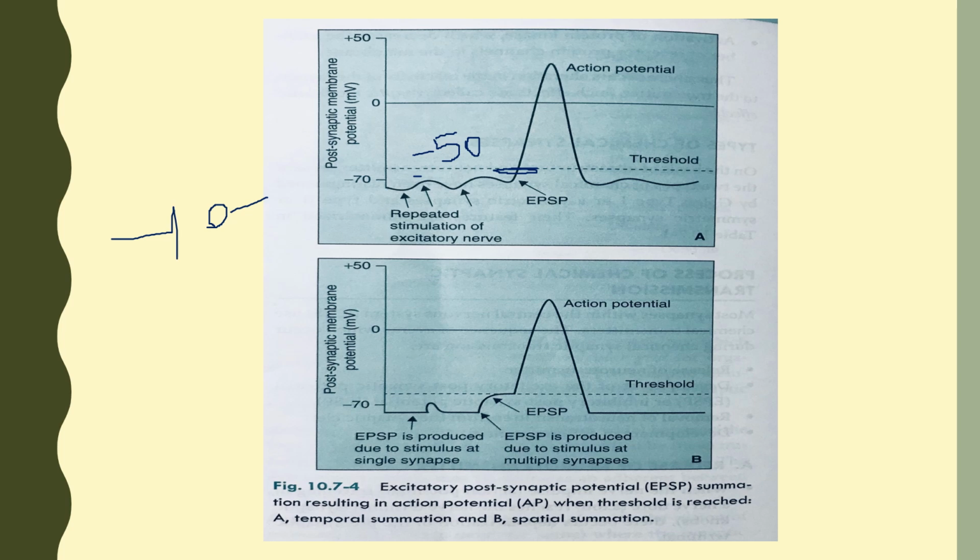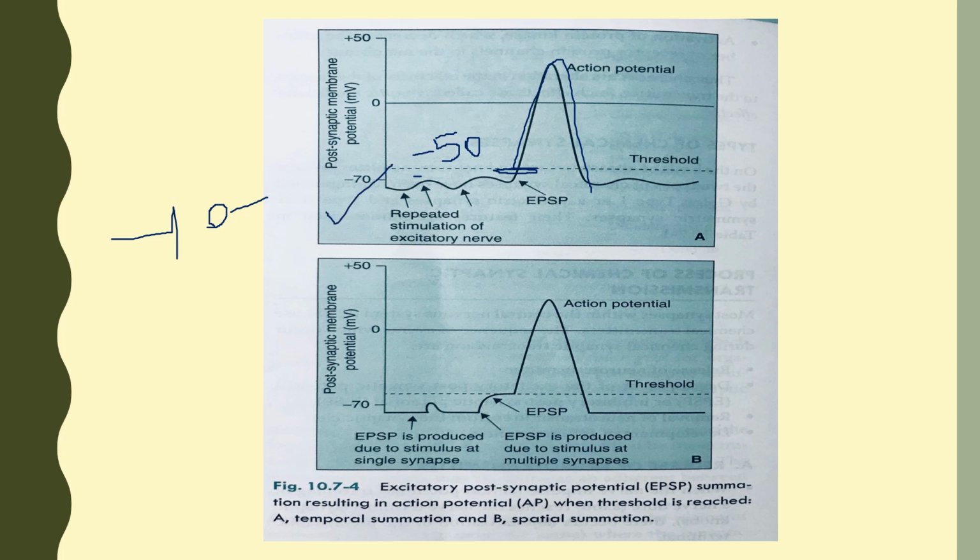But if we stimulate repeatedly 4 times, then 4 times 5 will be 20, and it will cross the minus 50. Minus 70 plus 20 will be minus 50, so it will cross the threshold. As soon as it crosses the threshold, there will be generation of the action potential. That is how this temporal summation happens.